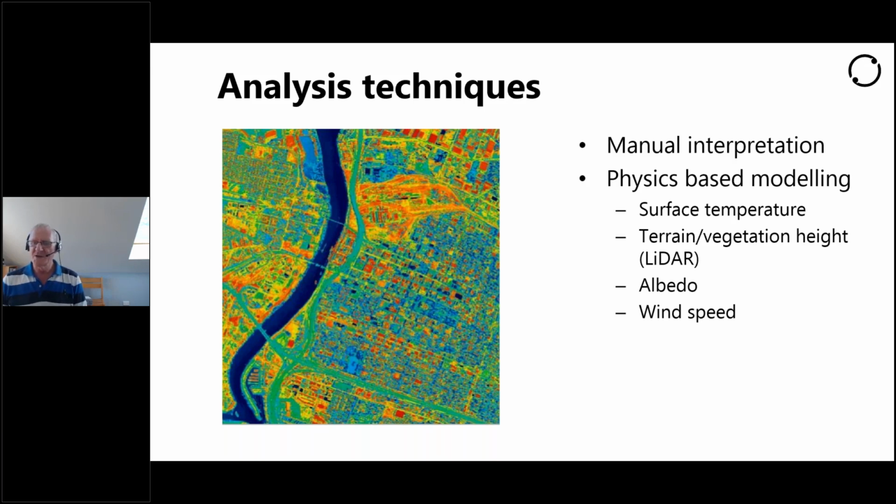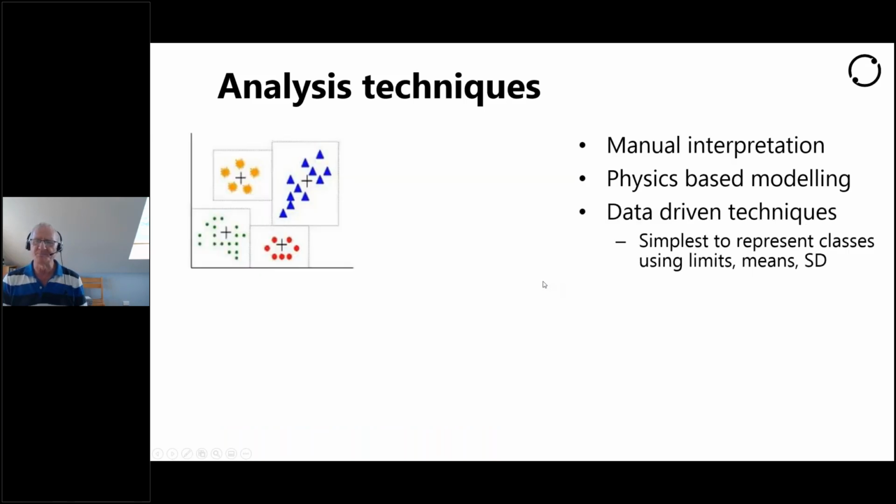I've already mentioned LiDAR, and there's other things like albedo might be used for global radiation budgets and that sort of thing, and wind speed, where you're looking at surface waves on water, can tell you things about the wind speed and wind direction just from the physics of the problem. So understanding that physics and inverting models is one approach to analysing remote sensing data.